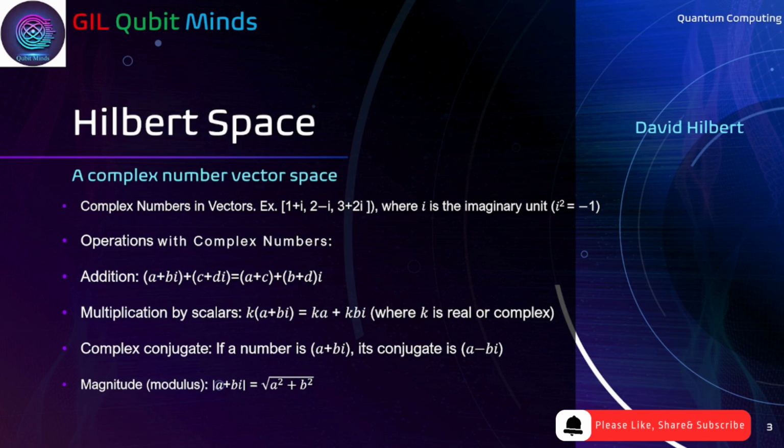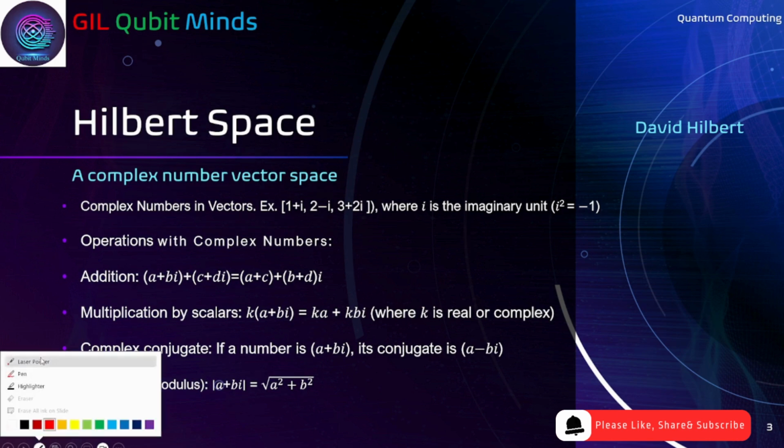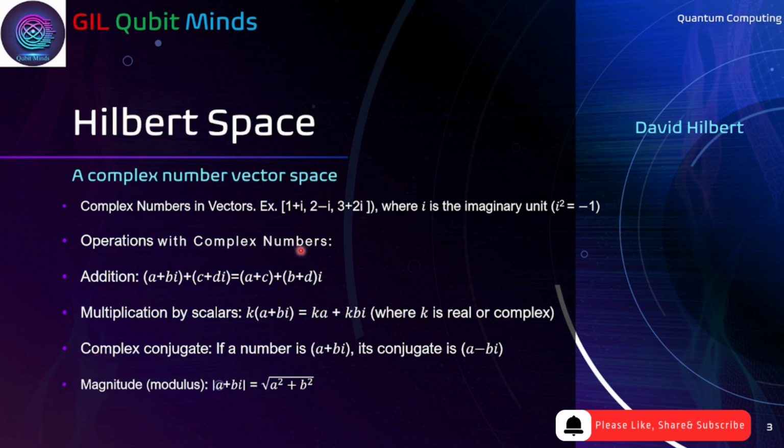Here we can see all the operations we can consider: addition, multiplication by scalars, complex conjugate. If the number is a plus b, the conjugate will be a minus b, the plus is changed to minus.